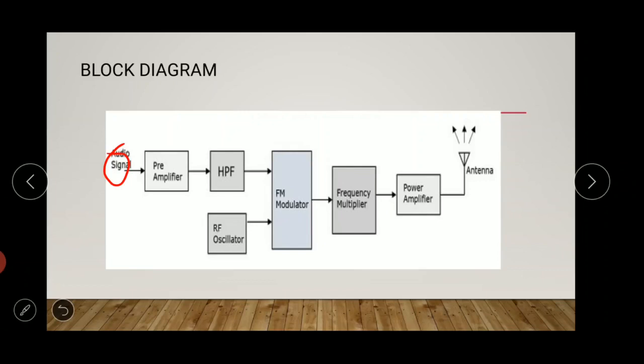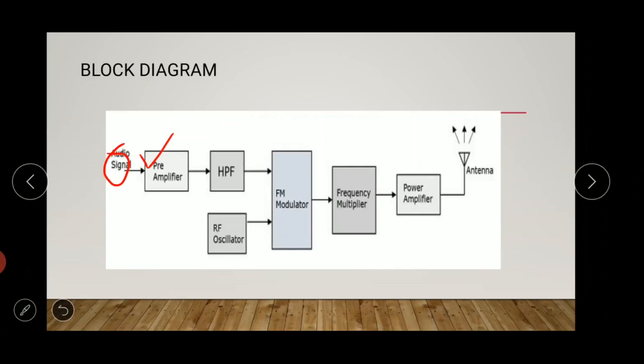Here a microphone is used as a source of an audio signal, but it may be another sound source also. The microphone is a transducer which can convert the sound energy into an audio signal in the form of electrical energy. The first block is preamplifier.